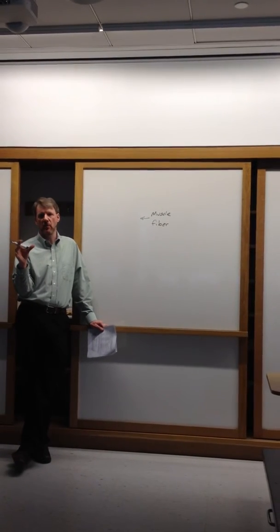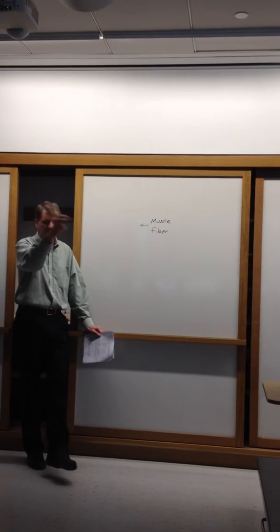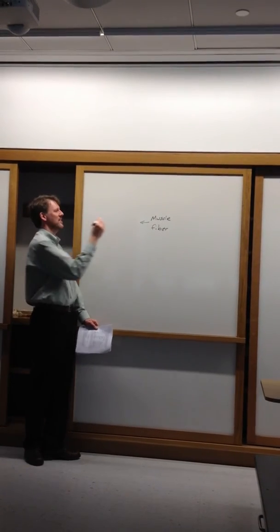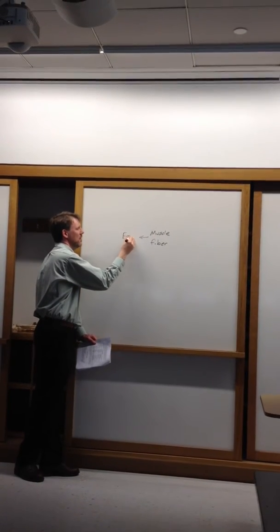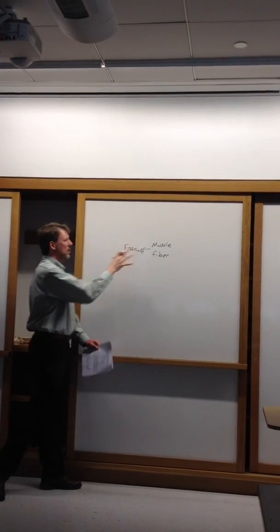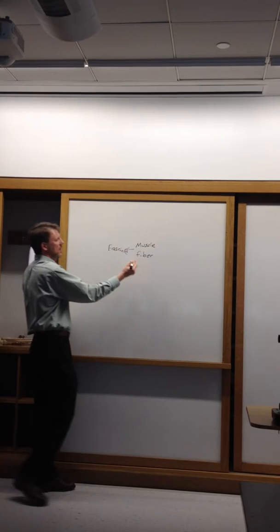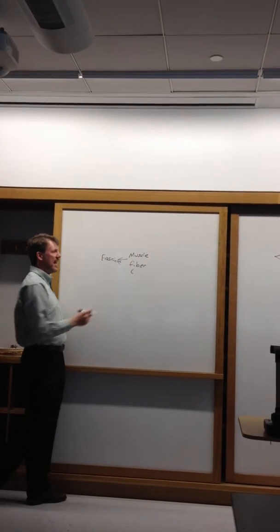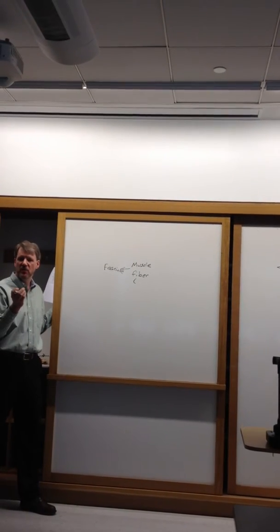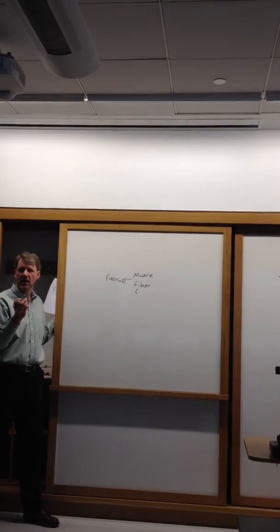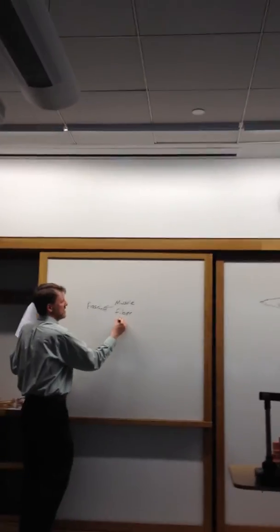When you put a bunch of muscle fibers together, it's called a fascicle. Let me go in parentheses here. What's the connective tissue that surrounds a single muscle fiber called? The endomysium is the connective tissue that surrounds it, right?